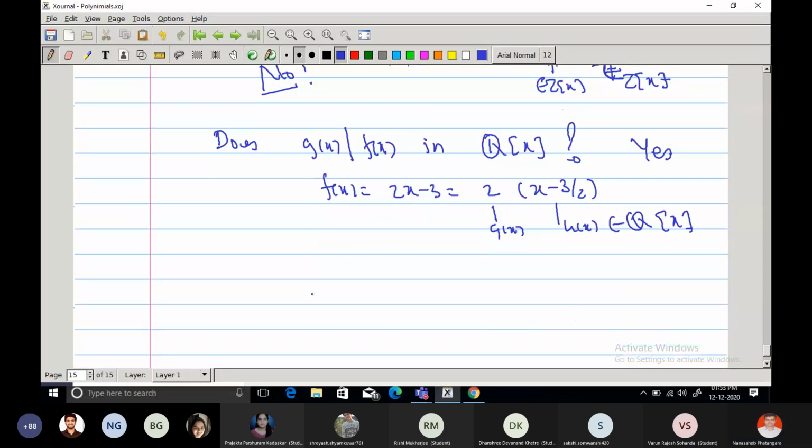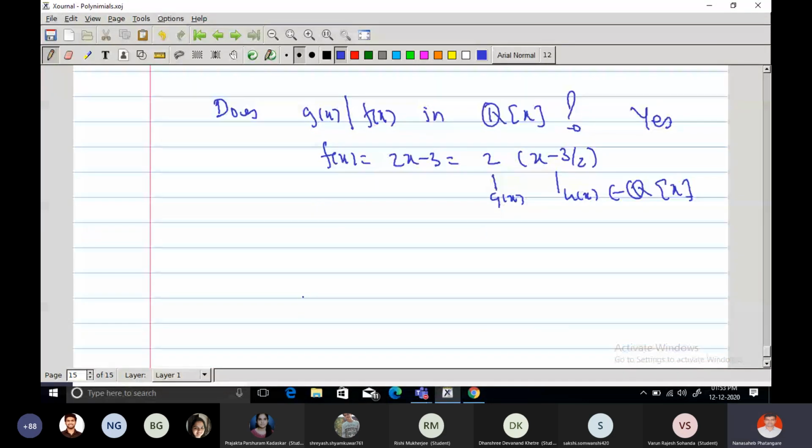So note that if p(x) is in R[x]. Mostly we'll study polynomials over real coefficients, and then we'll study some properties of polynomials with rational and integer coefficients. And p(x) is, suppose, a non-zero polynomial, then p(x) is equal to 1 times p(x).